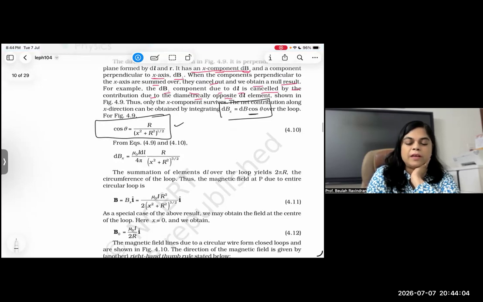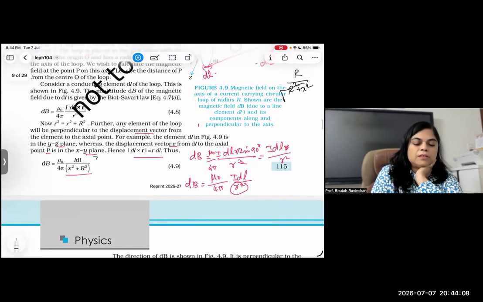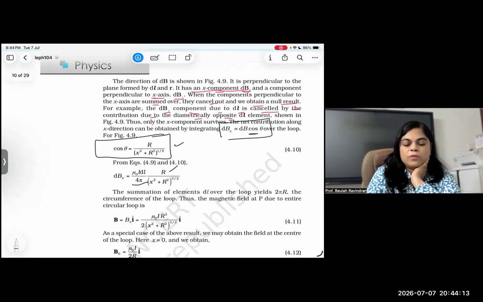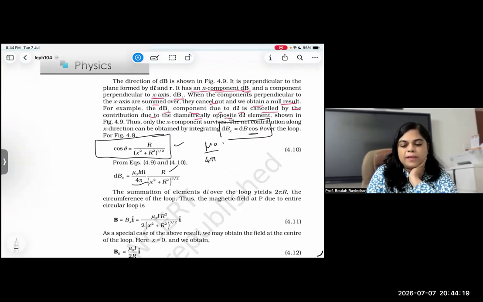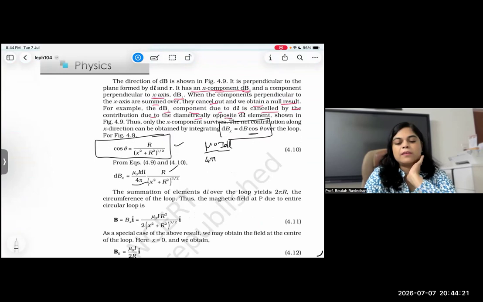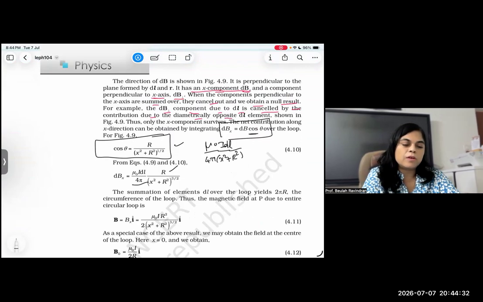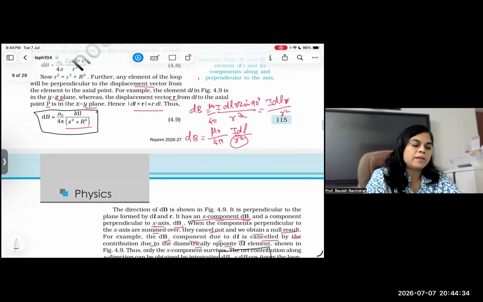And for dB, we already found it from this. So what is dBx now? Mu naught by 4 pi I dl is there already, and it is r square plus x square here.